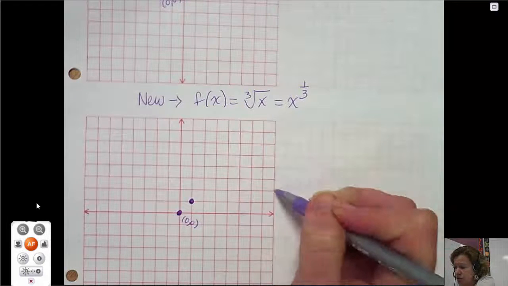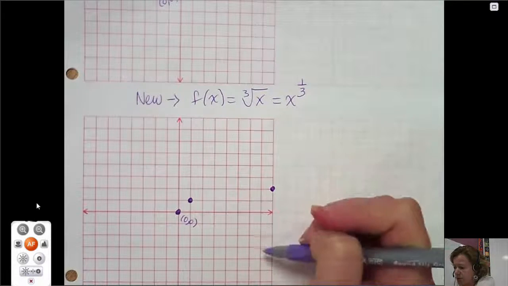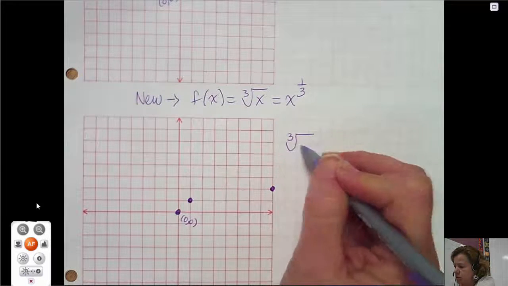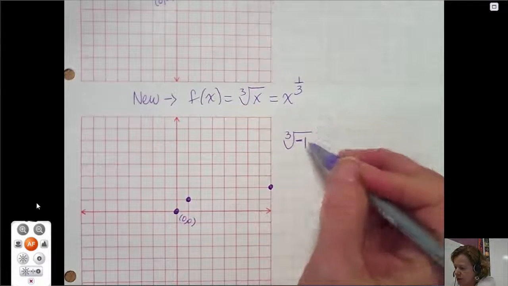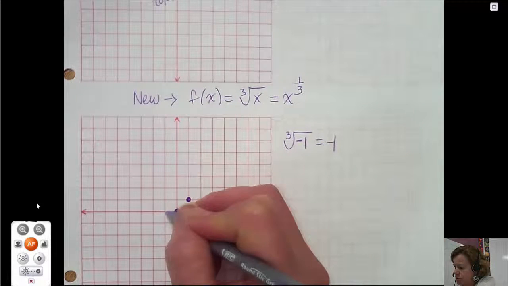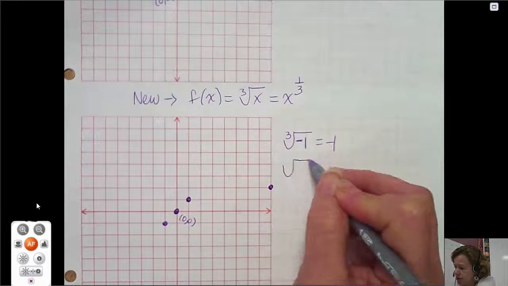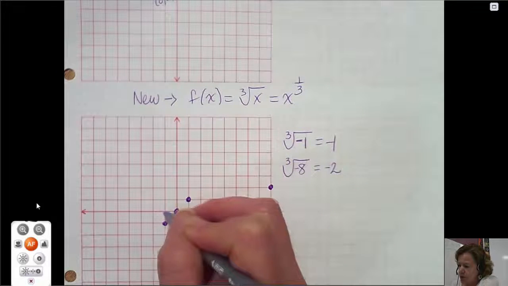Now, additionally, you can take the cubed root of negative numbers. You can multiply 3 negatives and get a negative. So the cubed root of negative 1 is negative 1. So negative 1, negative 1 is on this new parent graph. And the cubed root of negative 8 is negative 2. So negative 8, negative 2 is also on my parent graph.